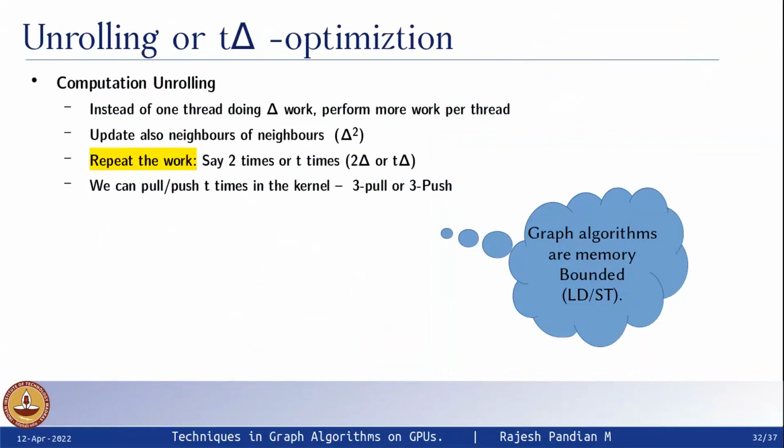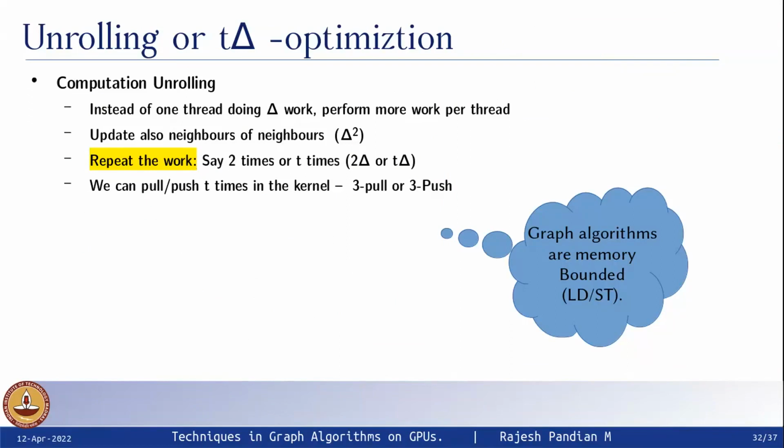So in general, graph algorithms are memory bound. There are lots of loads and stores, so it is essential that we do more computation. I mean, we give more work per thread. In both topology driven and data driven, each thread will perform a delta amount of work.